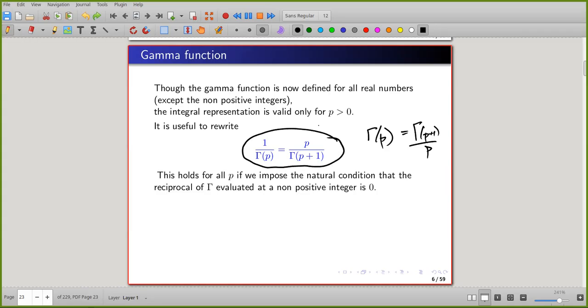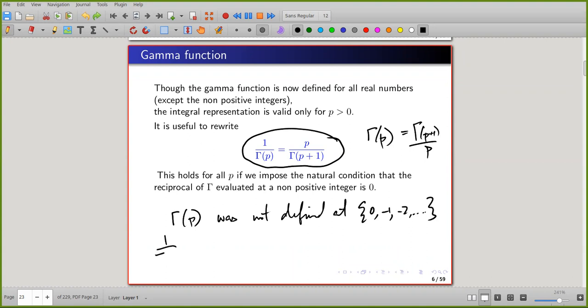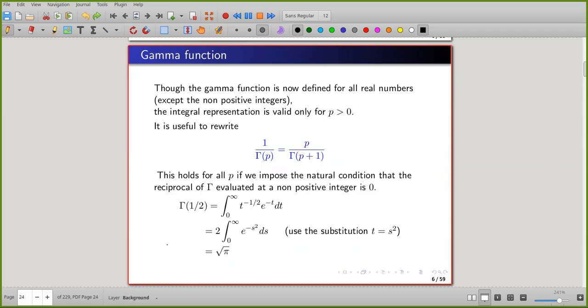Now the function gamma of p was not defined at 0, minus 1, minus 2, and so on. But the function 1 upon gamma of p, well, just 1 second, I'm sorry.